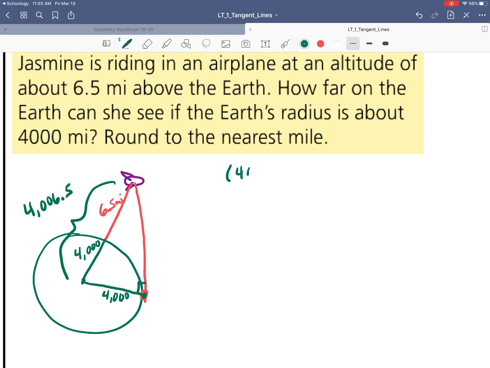So I can use the Pythagorean theorem. And we'll solve for x. And then we just solve this. So we square it, we subtract, and we end up getting that x is approximately 228 miles. So this visual here, the x to the horizon, is about 228 miles.